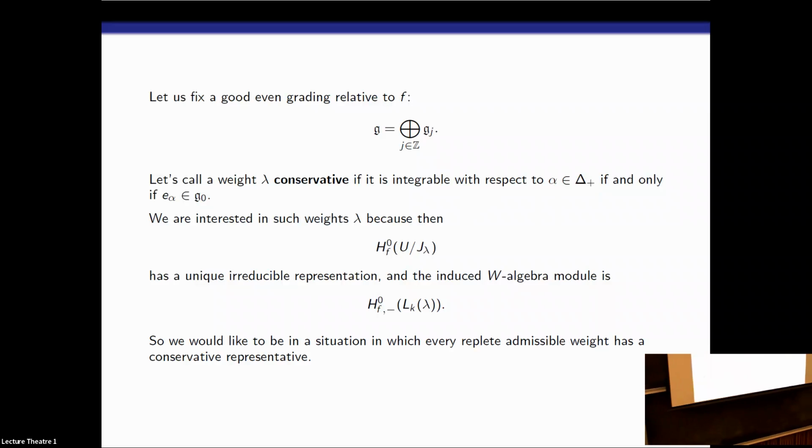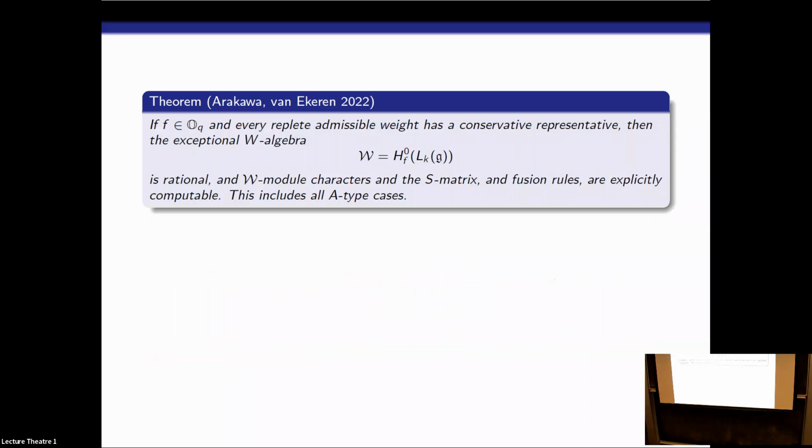So we'd like to be in a situation where, you recall that we need to think about all of these so-called replete admissible weights, and we'd like that each of them, modulo the dot action of the finite Weyl group, has a so-called conservative representative. This is a technical condition. If it's valid, then it means that we have this theorem.